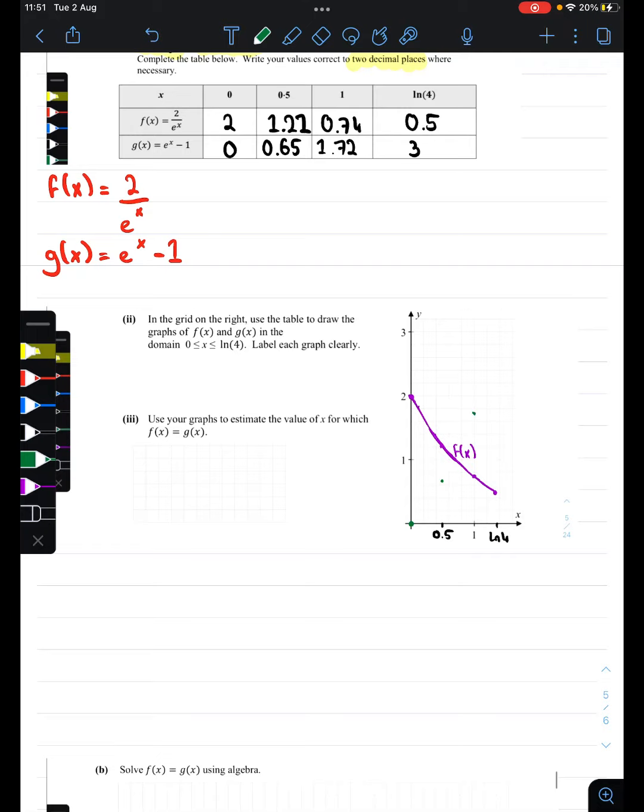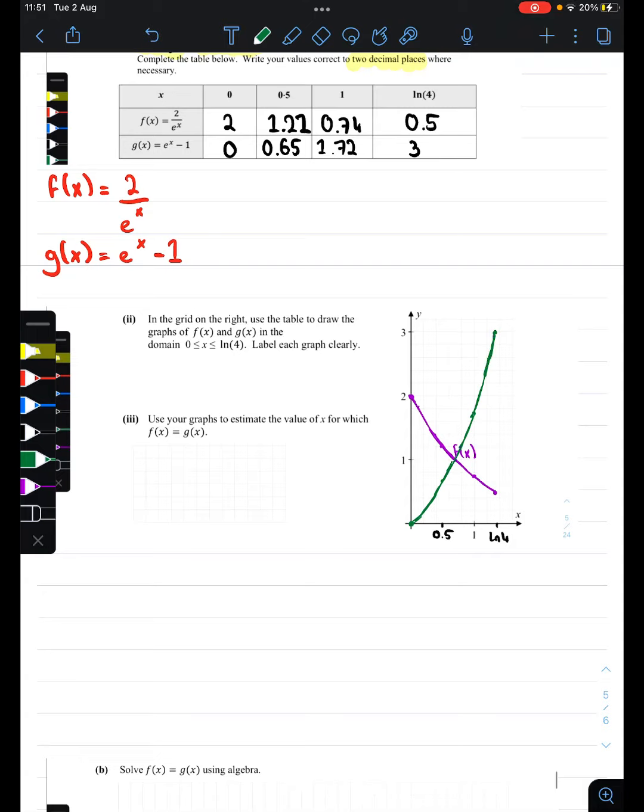And for x is ln 4, g of x is 3, so here. And now again, let's just connect the dots here. So something like this.